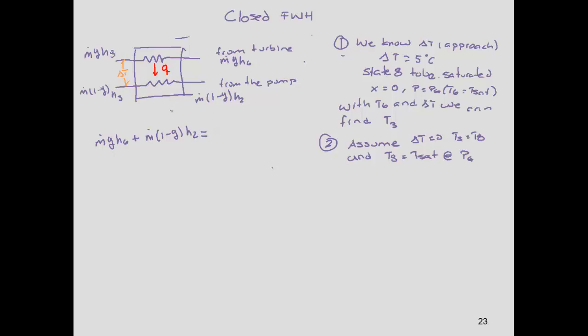And what exits the heater is the mass flow rate, the fraction that we extract from the turbine, H8, plus the mass flow rate, the remaining fraction, H3. We can drop the mass flow rate and solve for y.